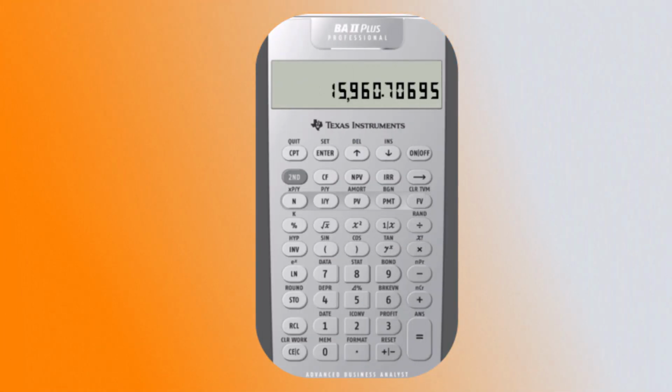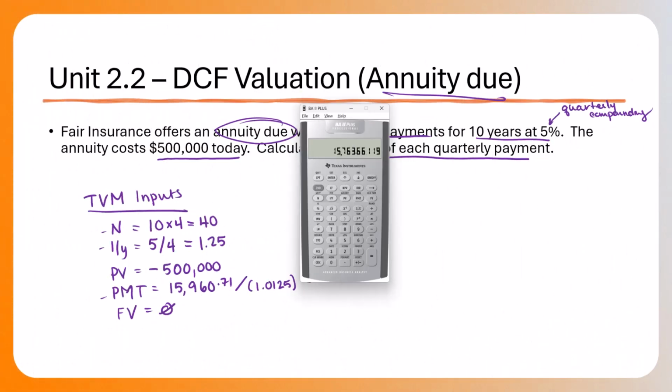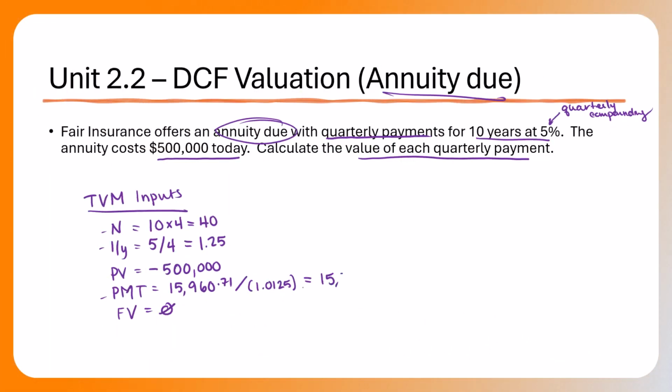So we divide by 1.0125, convert it to an annuity due payment, and there we have it, folks. That is the answer, $15,763.66, because this is an annuity due, not an ordinary annuity.